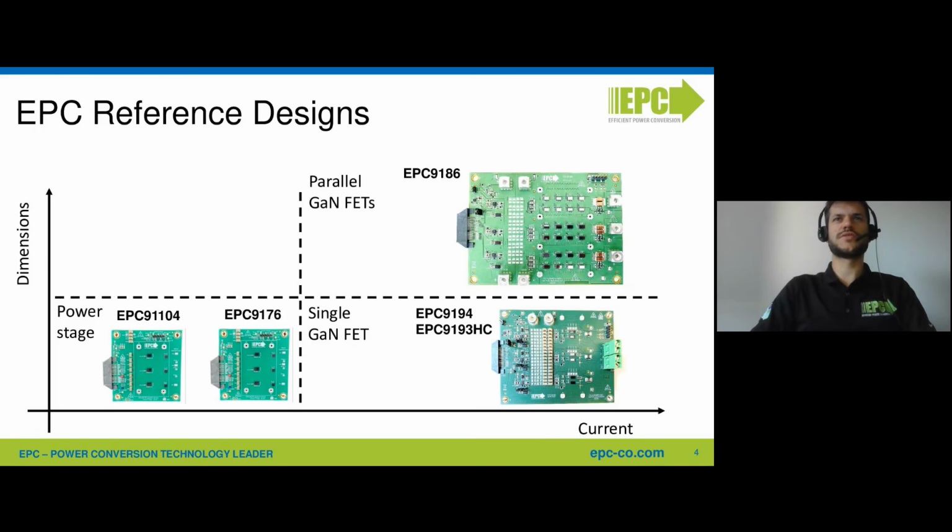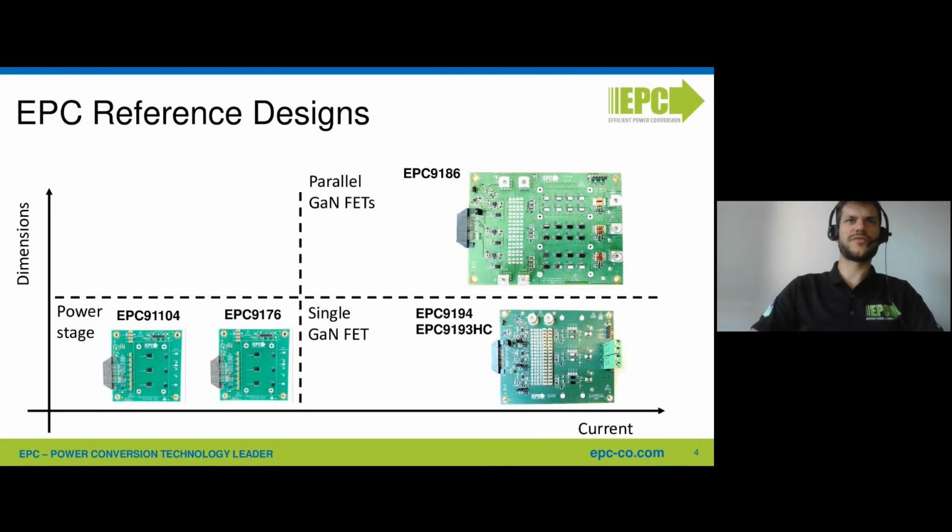The first one is, of course, to make it possible for customers to buy something off the shelf, receive it in a few days, and test it immediately. So this is the first purpose of these boards. And the second one is, of course, since the Gerber files can be found, to give an example of how a motor drive using gallium nitride devices should be made.